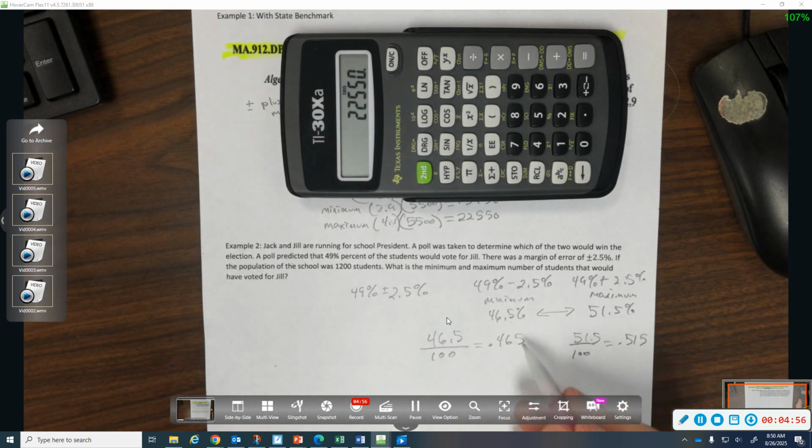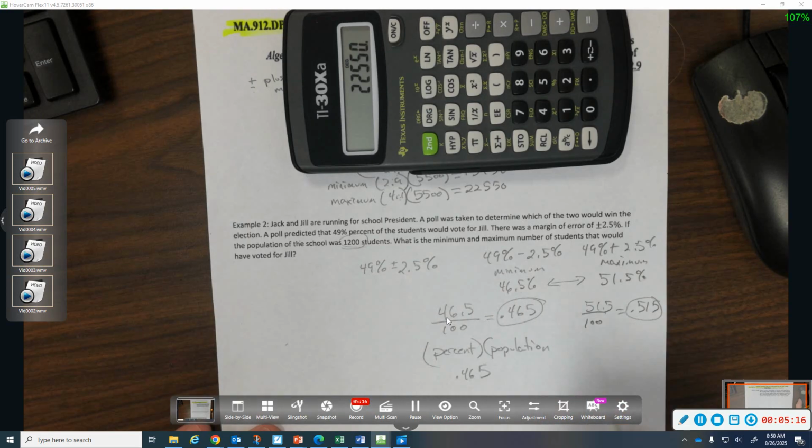So we take this number, which is the percent value converted to a decimal, and we multiply it by the population, and we do it for both. So we have 0.465 times 1,200, that's the number of students, and we take the 0.515 and multiply it by 1,200.